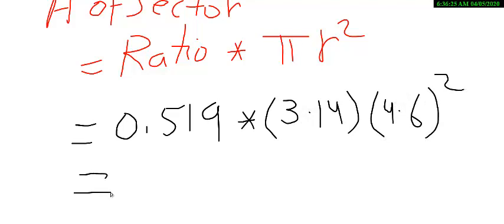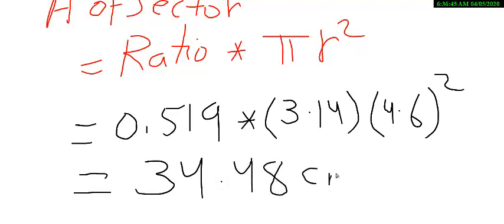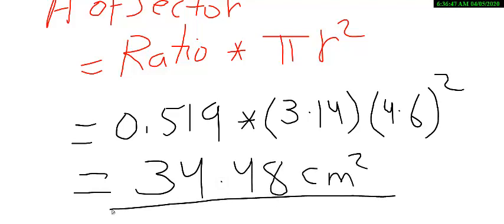Using my calculator: 0.519 multiplied by 3.14 multiplied by 4.6 to the power of 2. The final result will be 34.48 centimeters squared, and this covers the area of the sector which has been illustrated.